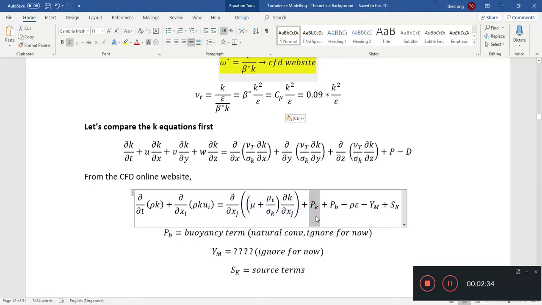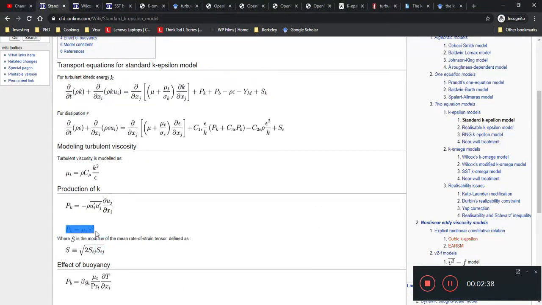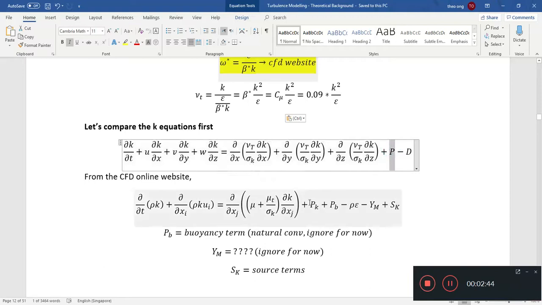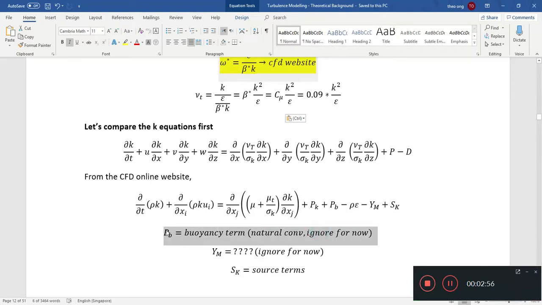So P k is the production term, where you have the rate of strain tensor times the turbulent viscosity. This is actually common to both of them. These two production rates are pretty much the same, except for being divided through by density. This is the buoyancy term that is usually found in natural convection.